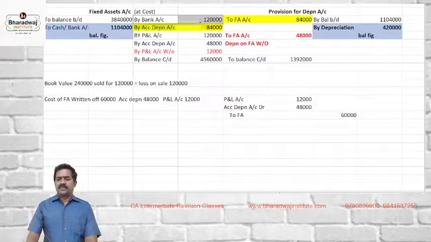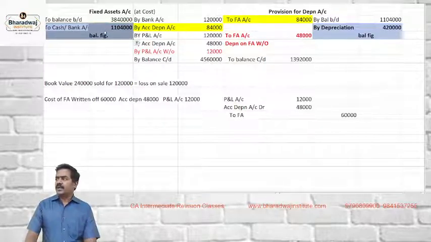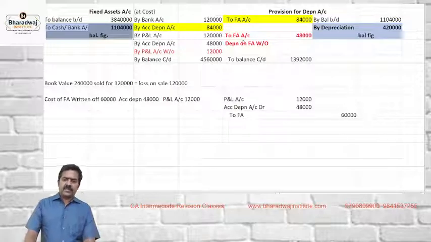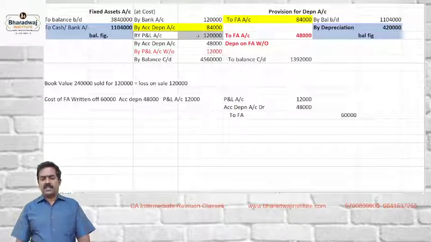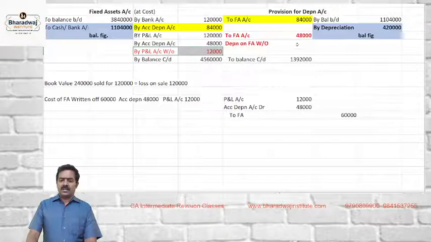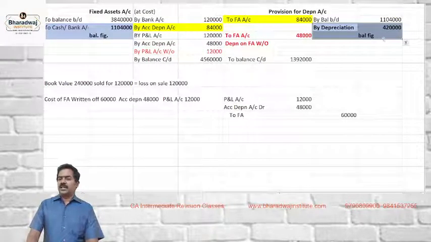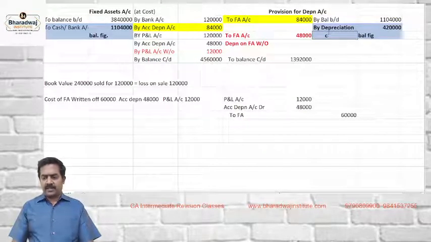The sale of asset, where will it come? Investment activity. This purchase of asset will come in what? Investment activity. Then loss on sale and asset written off. What is the loss on sale? This 1,20,000 and asset written off will be adjusted in what? CFO. Non-cash item, non-operating item, like that we will add.